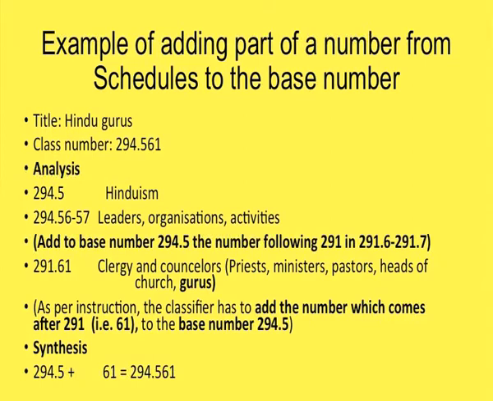So, when we combine these two, 294.5 plus 61 for gurus, the complete class number of this title Hindu Gurus is 294.561. So, we will try again to understand the procedure which has been followed in the synthesis of the above class number.